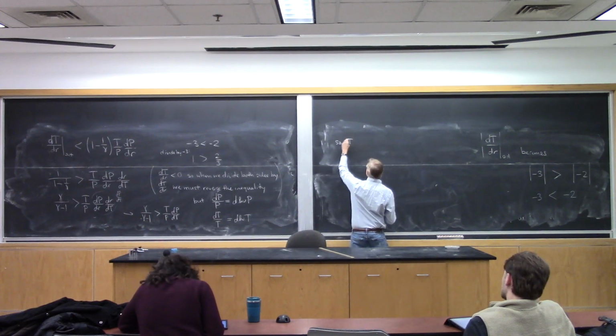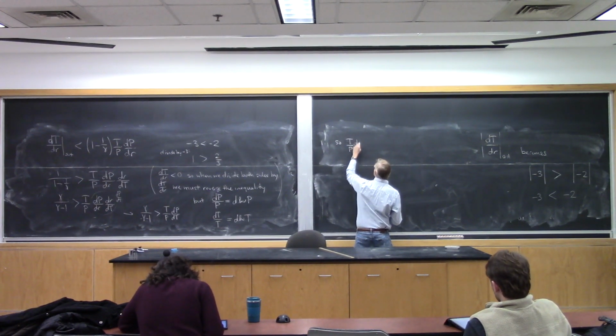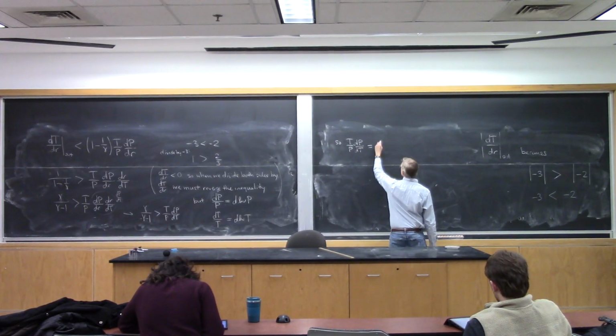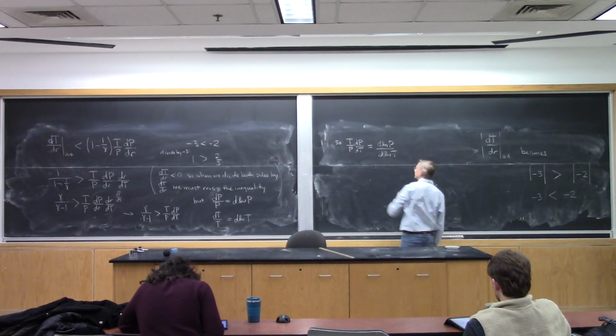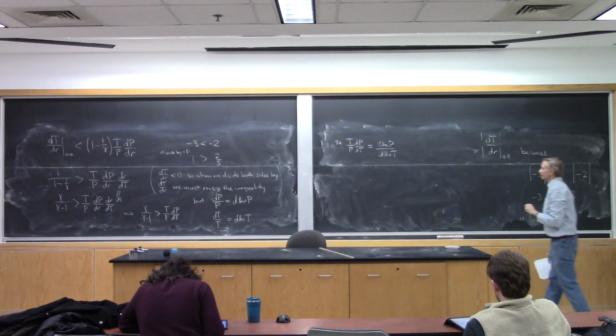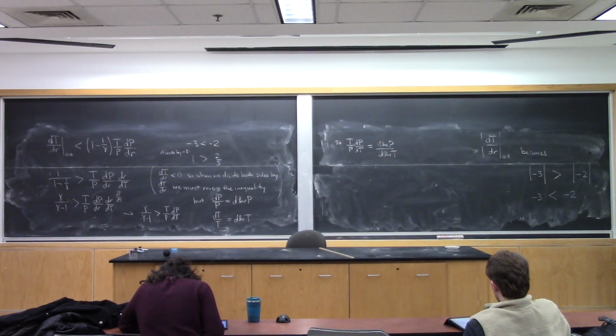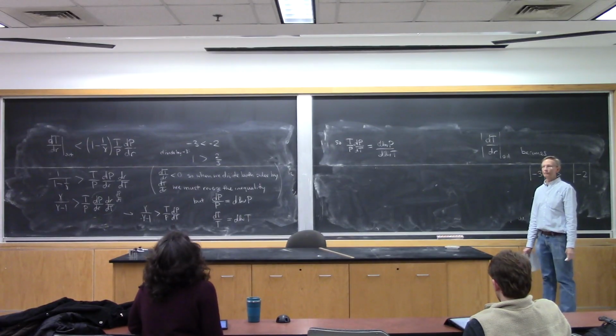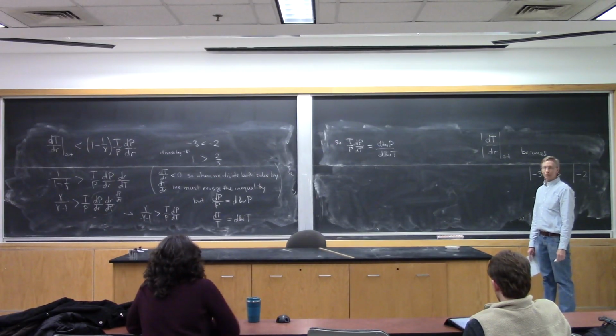So t over p dp dt, or you could rewrite that as d log p over d log t. That first seems like a weird expression: the derivative of the logarithm of p with respect to the logarithm of t.